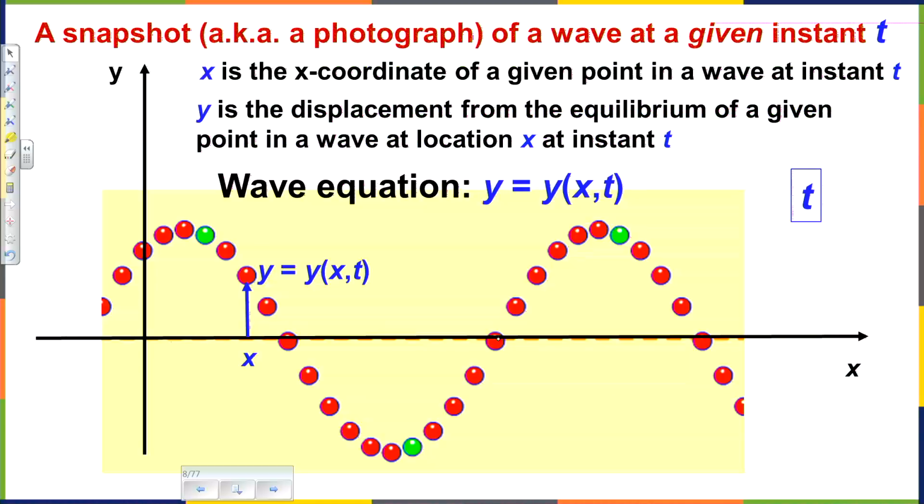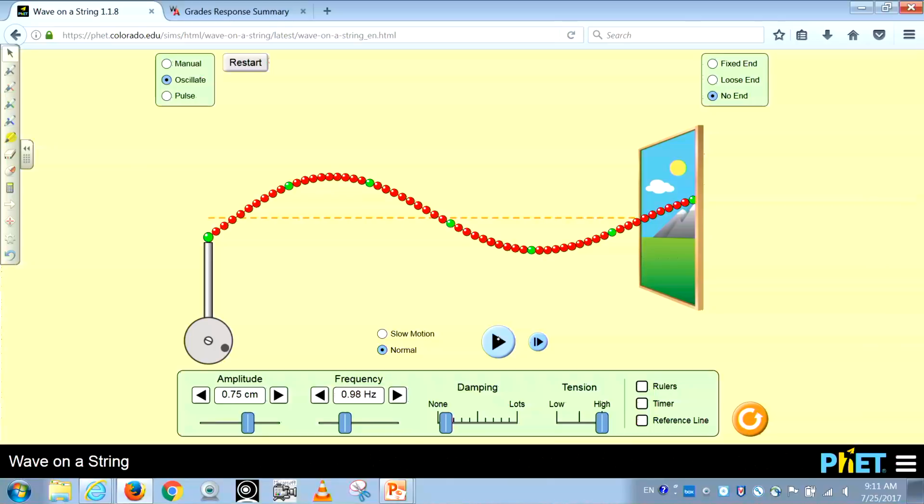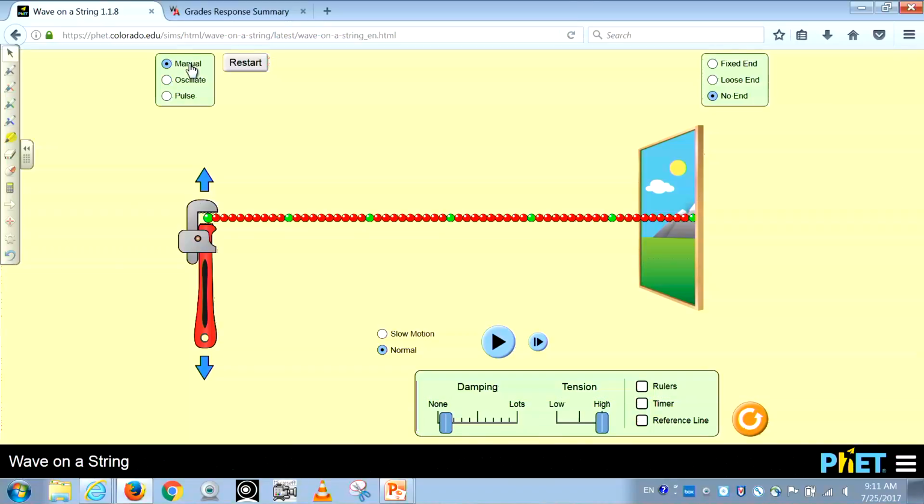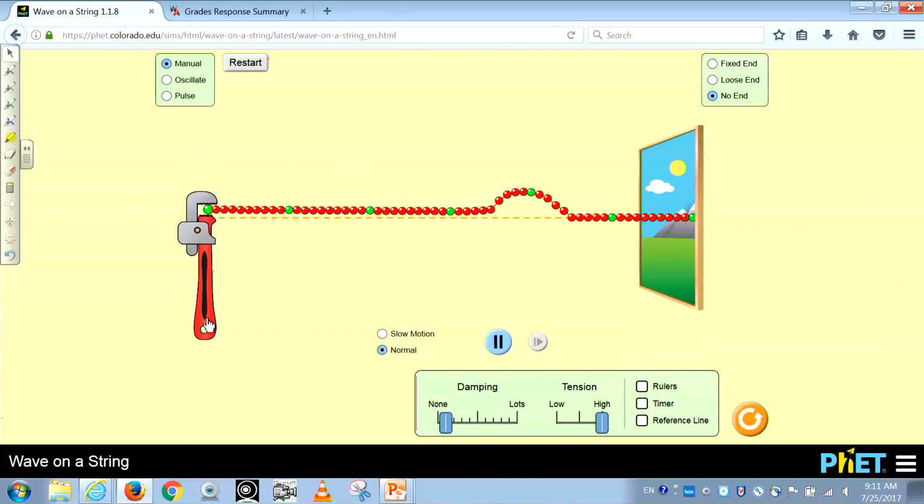And again, as we saw, if we understand how a single pulse travels, we understand how the whole wave travels. So if we look at the pulse traveling, it takes a certain time to travel a certain distance, but it travels at the same speed, which equals wavelength over period.